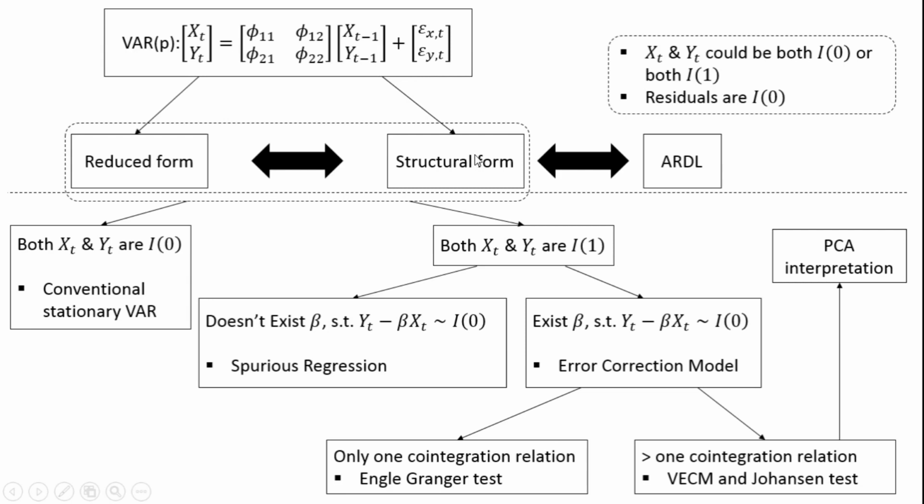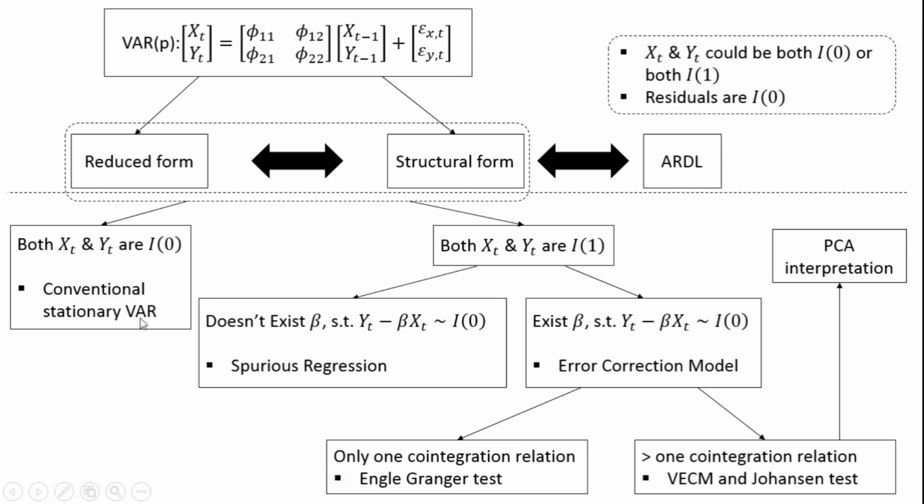We also have a structural form of the model that leads to the autoregressive distributed lag model. XT and YT could be both stationary or both integrated of order 1, and the residuals are stationary.